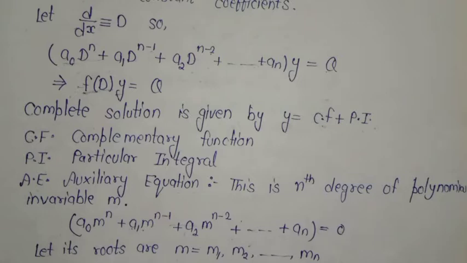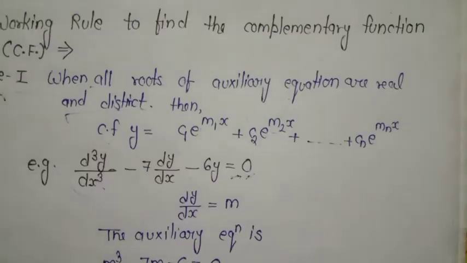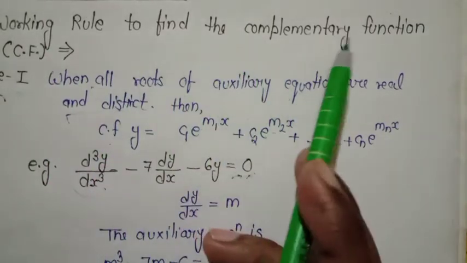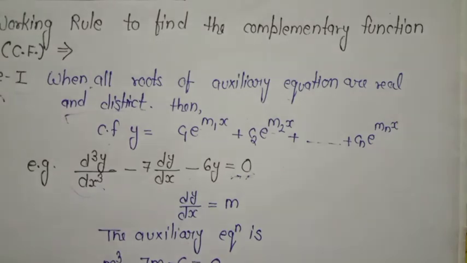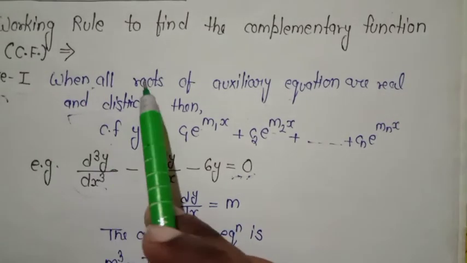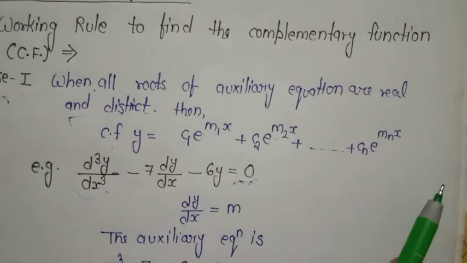So I am going to take case number 1. This is our working rule to find the complementary function, or in short CF. Our case 1 is when all the roots of the auxiliary equation are real.